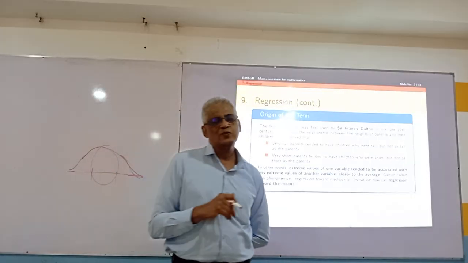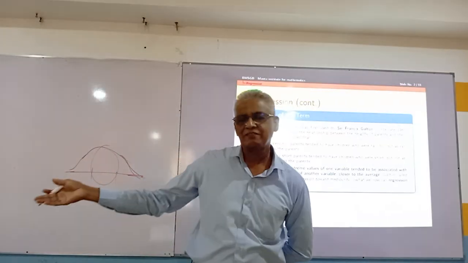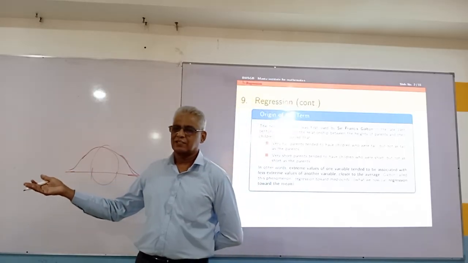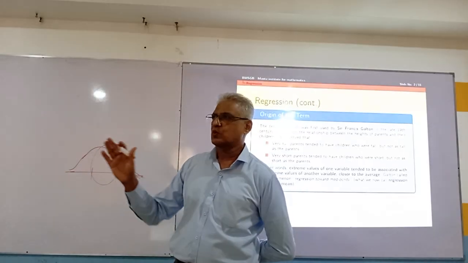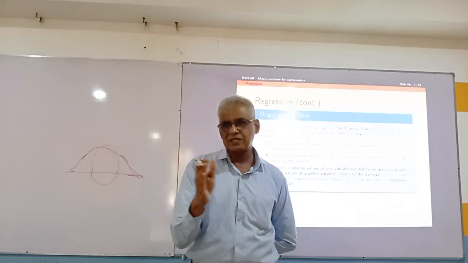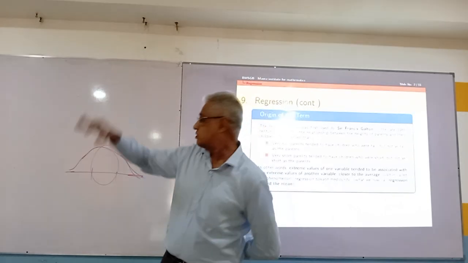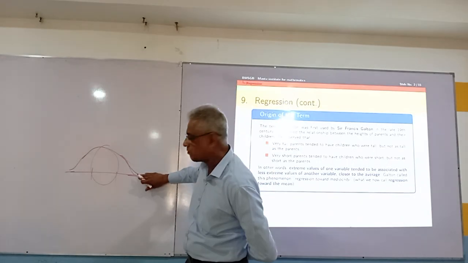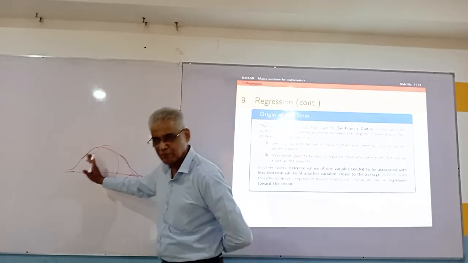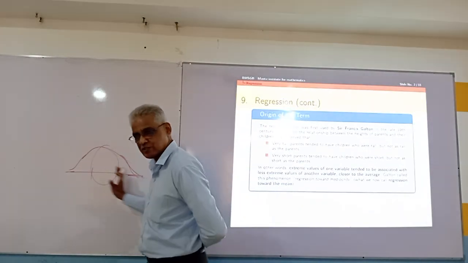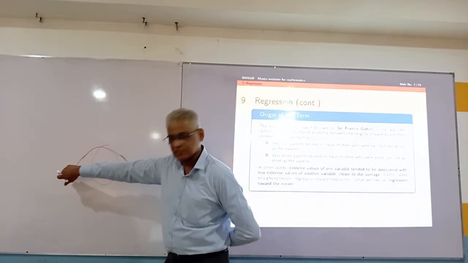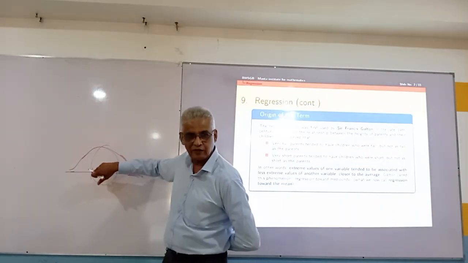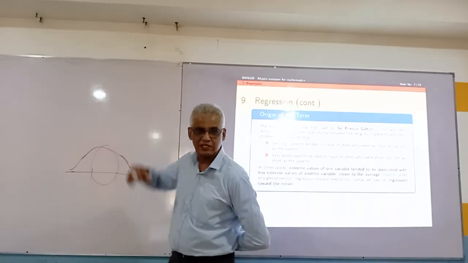So what he observed was that the values of the second variable tend to come towards the mean, right? Because these people are away from the mean, but their sons are a little less, so it's coming towards the mean. These parents are very short, but their sons are a little taller on average. So it's again coming towards the mean.